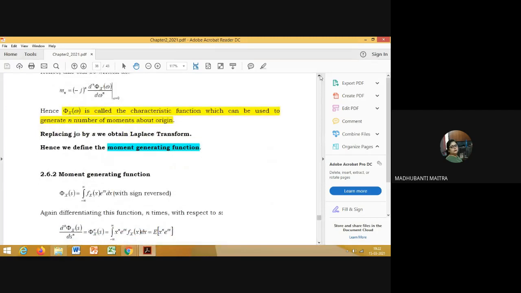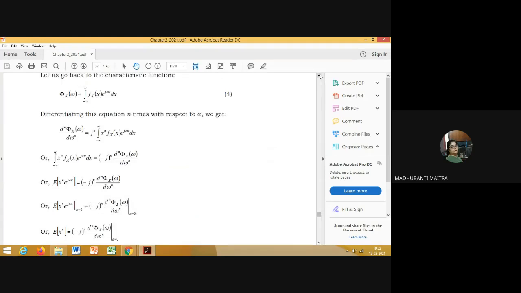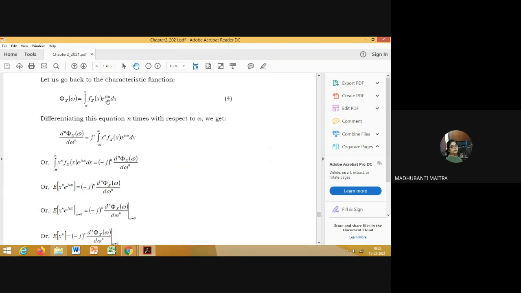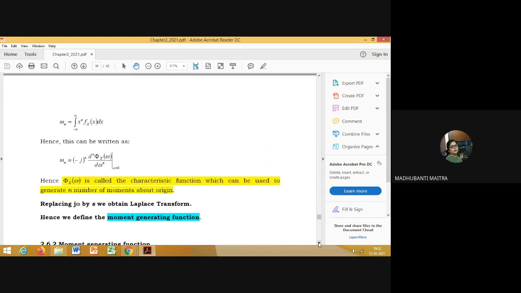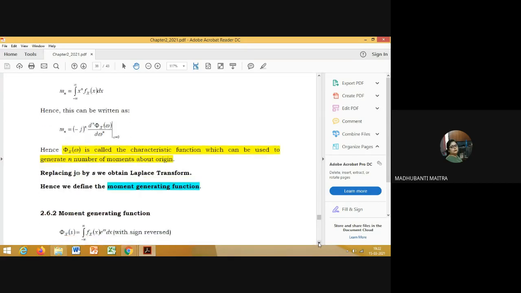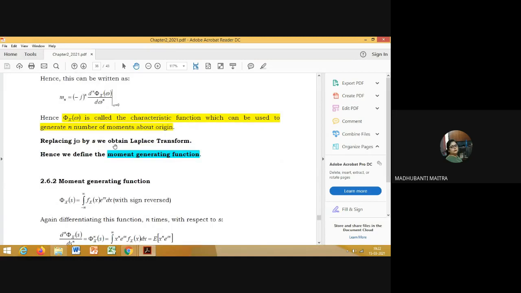Now, in place of j omega in the characteristic equation, let's substitute a variable s. Replacing j omega by s, we get a function which we call the moment generating function, phi_x(s).